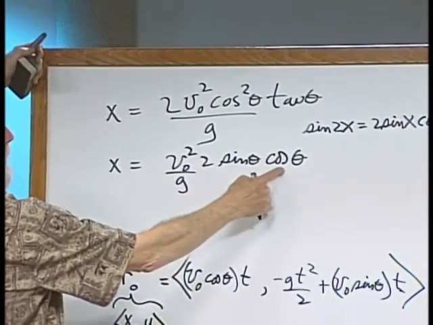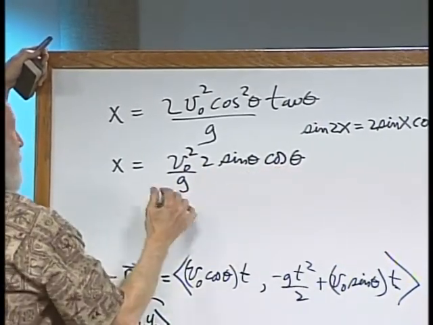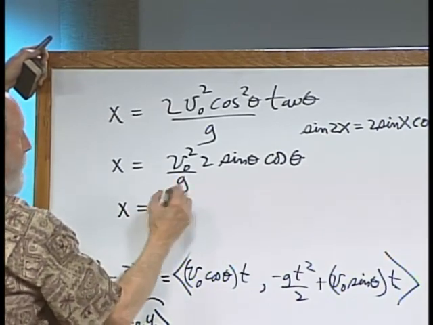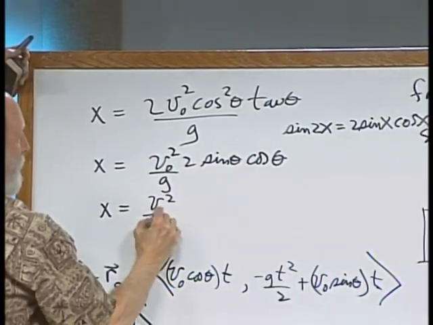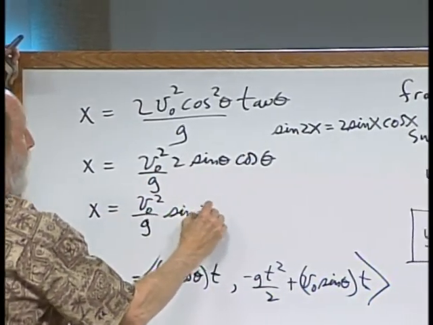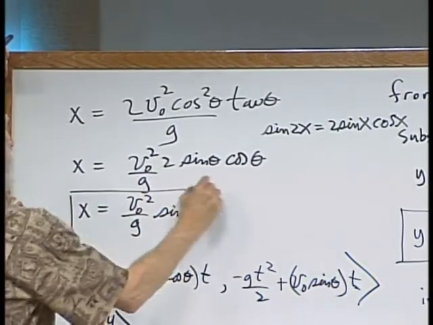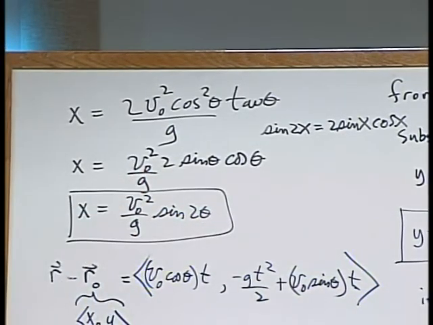And so that's just the sine of twice theta. And so you oftentimes see the range written for a projectile in this form. You can look in a trigonometry book and see that problem for sure in almost every trig book that's ever been written. And this is the theory on where it came from.